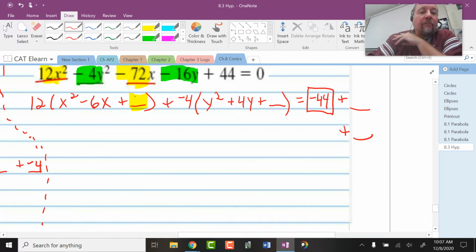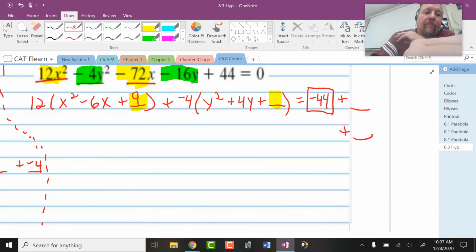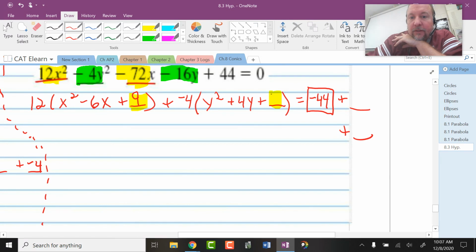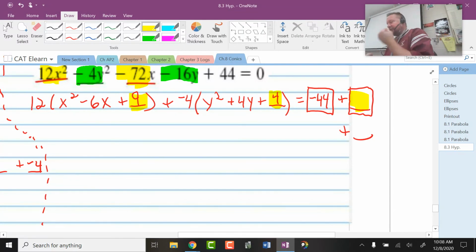So what does that become? What's the other blank? And then what's this blank? It's not 9. What would I have to do? I would have to put on my calculator or actually just tell me the number. I could do it or you could do it.